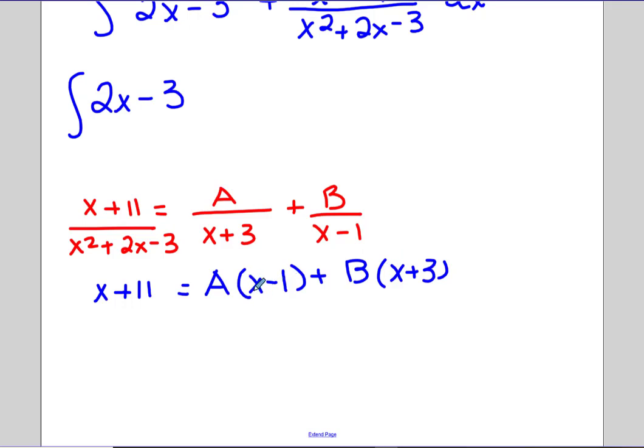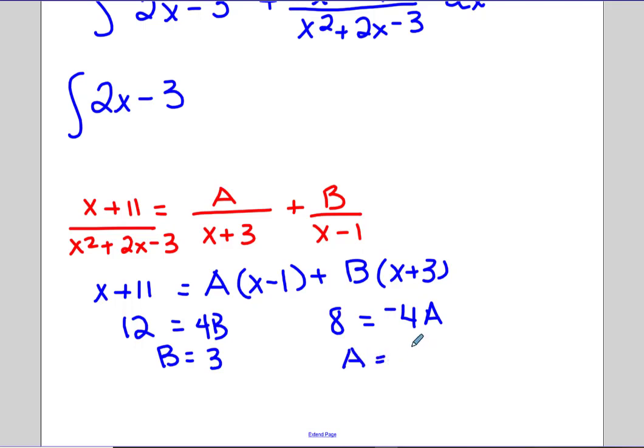1, when x is 1, we end up with 12 is equal to 4b, so b is 3. And if we let x be negative 3, then we have 11 minus 3, and then negative 3 minus 1, that's negative 4a, so our a value is 2.